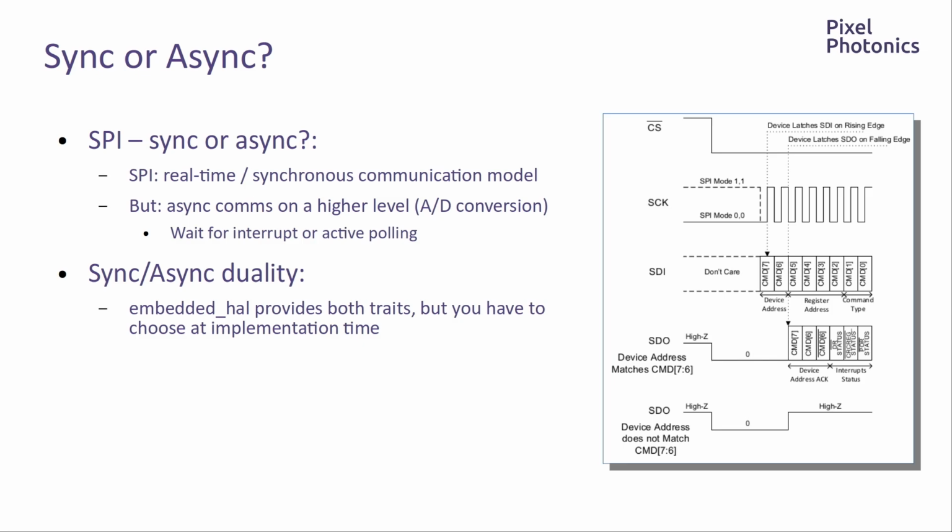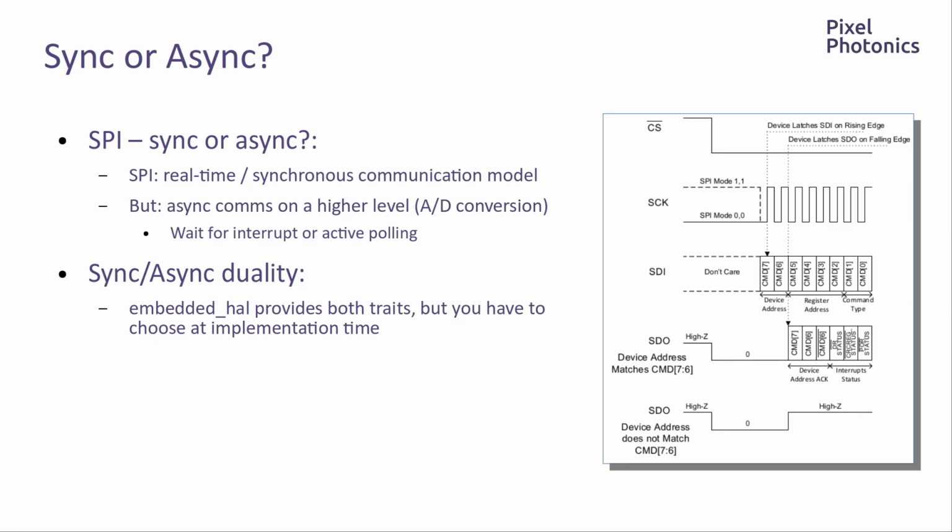So you could argue it's a synchronous interface, but on the higher level, you always still have some asynchronous operations. For instance, for the analog to digital conversion, this may actually take some time. Not the communication itself, not getting the response, but actually doing the measurement on the chip takes some time: the sampling, maybe some conditions need to be met.